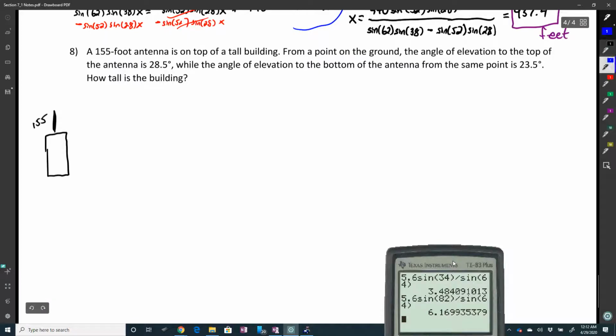And the angle of elevation from a point on the ground to the top of the antenna is 28.5 degrees.